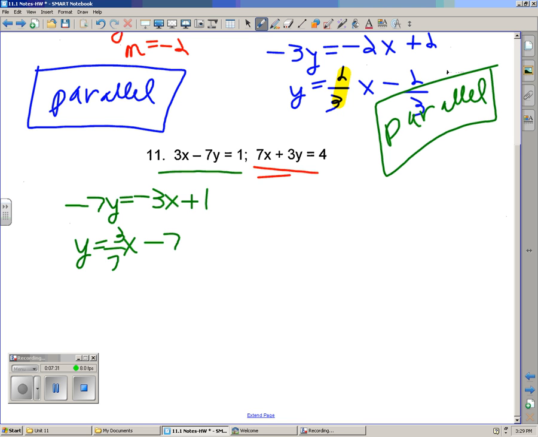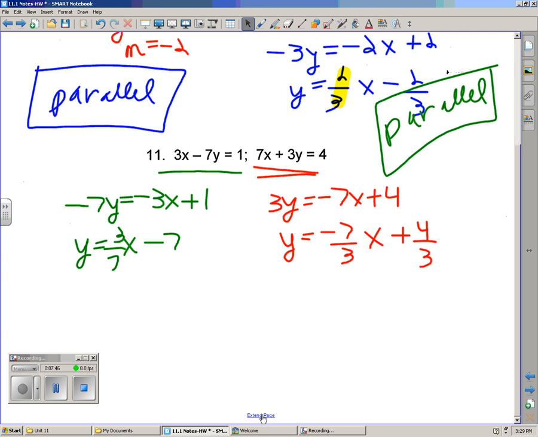This guy, 3y equals negative 7x plus 4. Y equals negative 7/3, whatever you want to call it, x plus 4/3. Compare these guys, and we've got a negative 7/3 and a positive 3/7. They are, in fact, negative reciprocals. These guys are perpendicular.